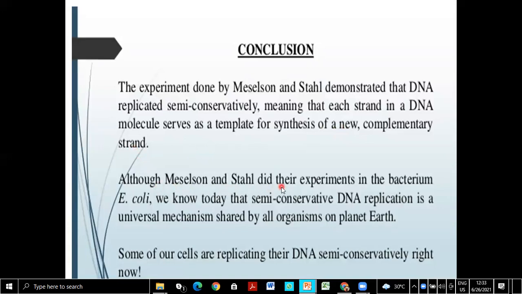Although Meselson and Stahl did their experiment in the bacterium E. coli, we know today that semi-conservative DNA replication is a universal mechanism shared by all organisms on the planet, not only in bacteria, but in all organisms, including us. So some of our cells are replicating their DNA semi-conservatively right now while we are doing this.